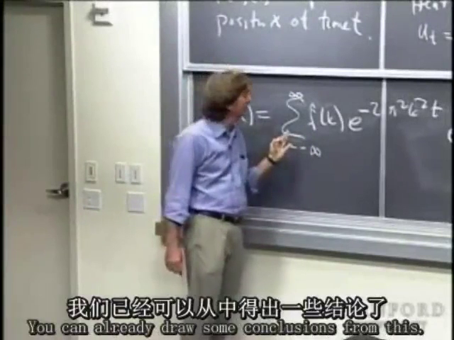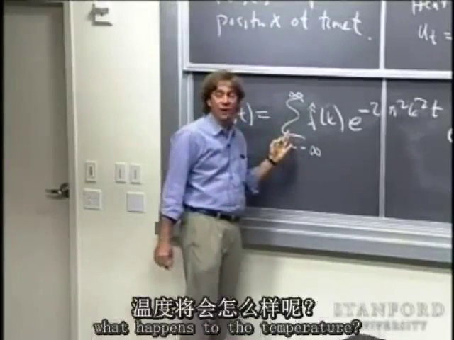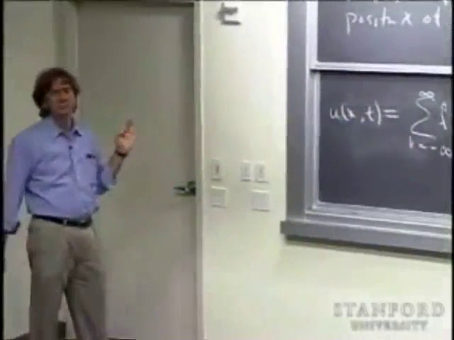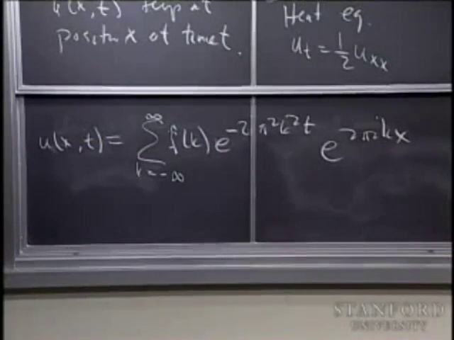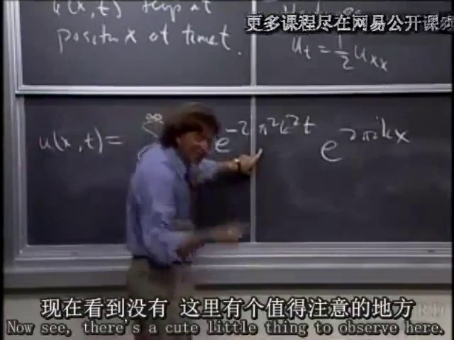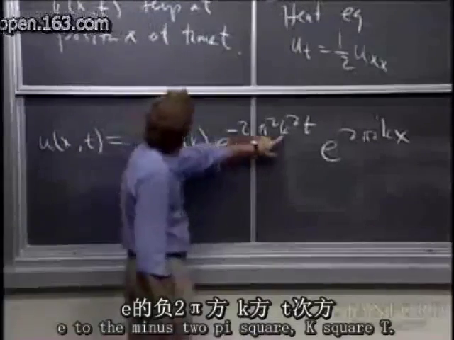You can already draw some conclusions from this, namely as t tends to plus infinity, what happens to the temperature? Goes to 0. All right. As t tends to infinity, this term is damping out. Now, there's a cute little thing to observe here. This is an exponential, e to the minus 2 pi squared k squared t.